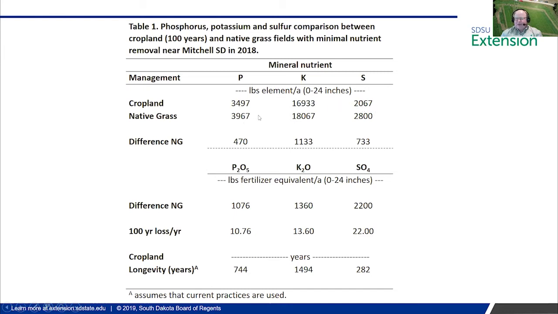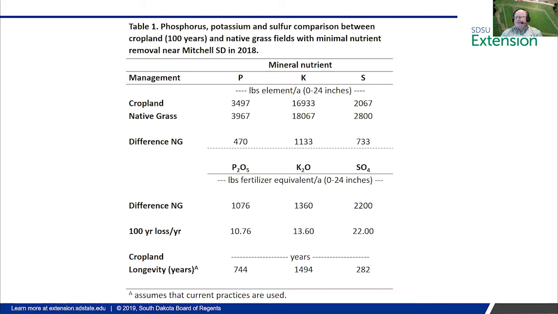The native grass is higher, of course, because we showed that on our graphs, right? Okay, so then I calculated the difference, what I call the native grass difference. So native grass has 470 more pounds of phosphorus, 1,133 potassium, and 733 sulfur.